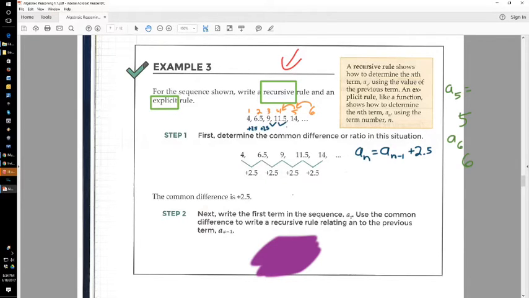Again, recursive, R-E-C-U-R-S-I-V-E, means use the previous item to find the next.